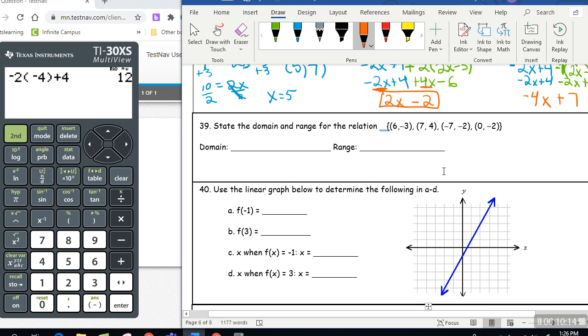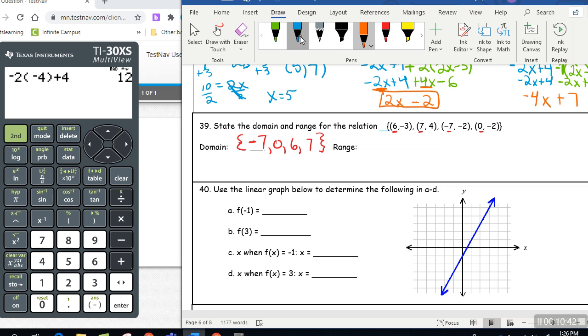Okay, 39. State the domain and range for the relation. So here, domain, remember, are all of your x values. In this case, we'll start with our smallest, so that'd be negative 7, 0, 6, 7.